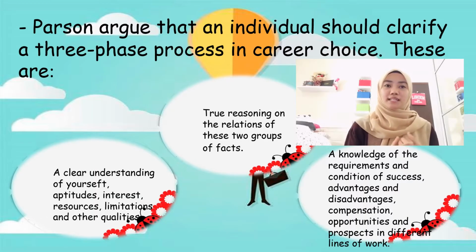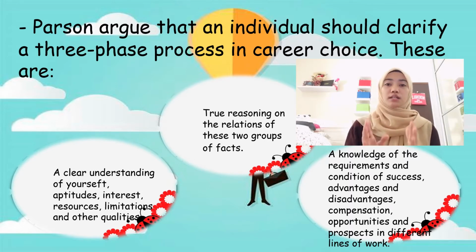Parsons argued that an individual should go through a three-phase process in career choice. First, a clear understanding of yourself. You should be clear about what you want to be, what your interests are, and what personality suits your job.